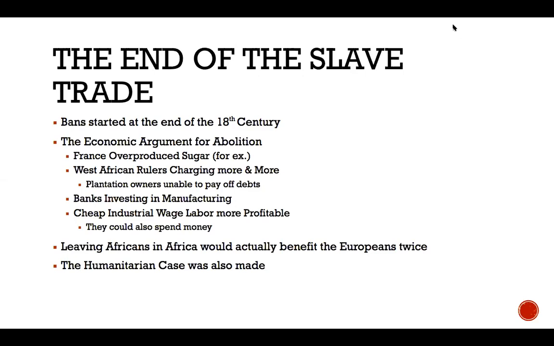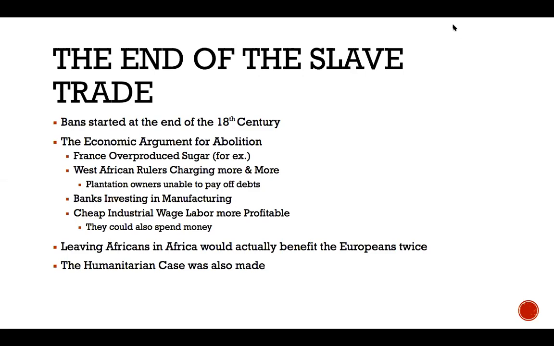The manufacturing age has started. It's not as big as it is going to be by the end of the 19th century, but it has started, and they're realizing now that you can invest more in factories, in warehouses for industrial production, for manufacturing, and it may be more lucrative than the slave trade at this point. So that's the banks as well.